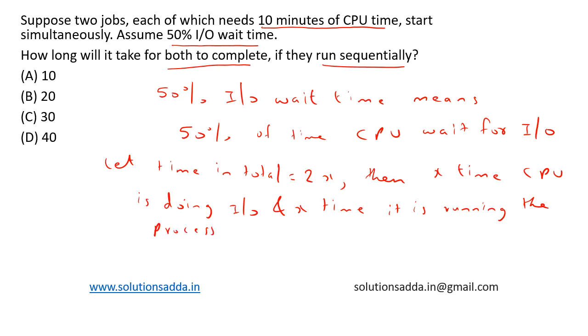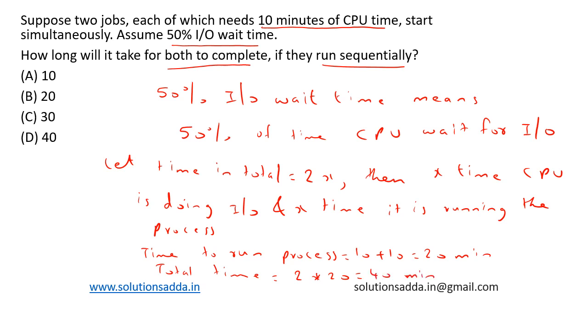So the time to run the processes is 10 plus 10, which is equal to 20 minutes. And therefore the total time will be 2 times the time to run the processes, which will be equal to 40 minutes. So based on the options, option D, 40, will be the right choice.